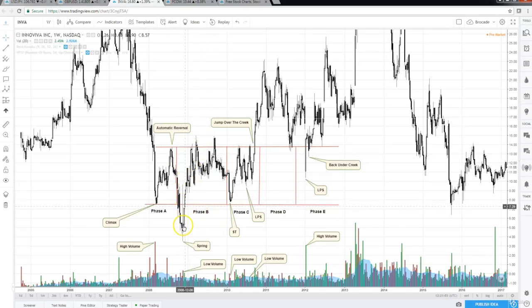So most people would have been happy buyers in '08, and they would have cashed out at about $13 a share. So you can cash out in the accumulation if you don't have a long-term horizon. But the most important thing is that regardless of what your trading time frame is, markets are not linear, right?